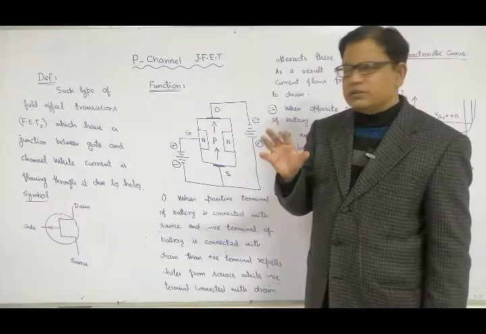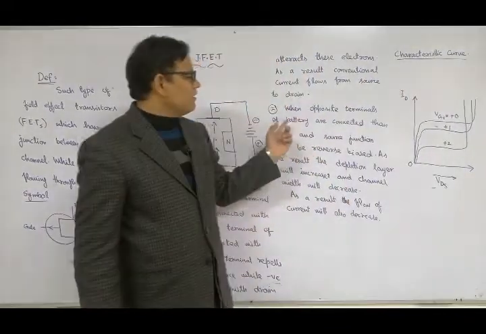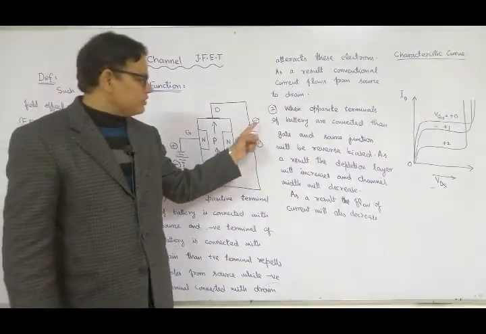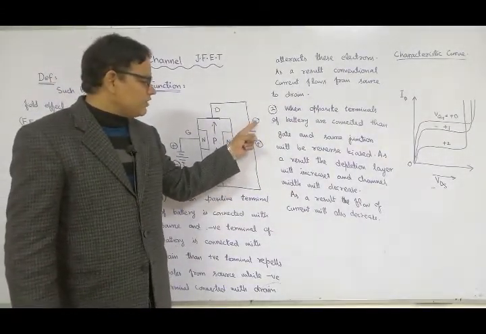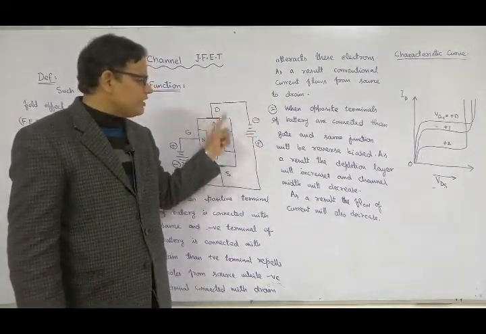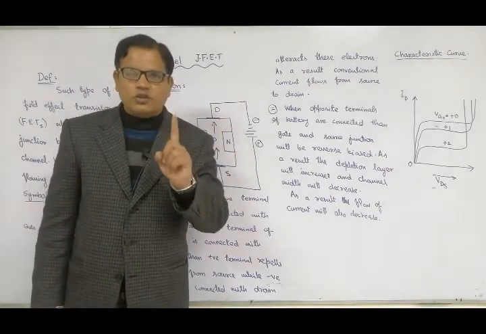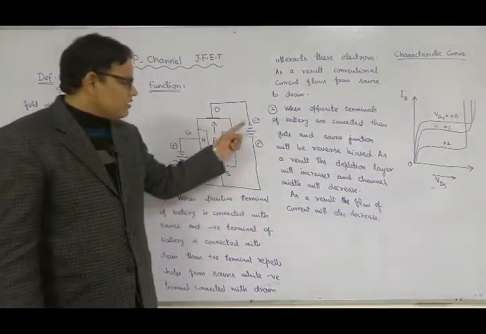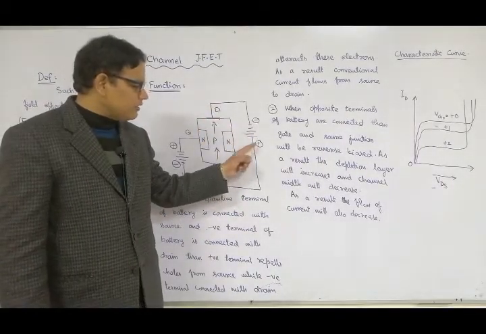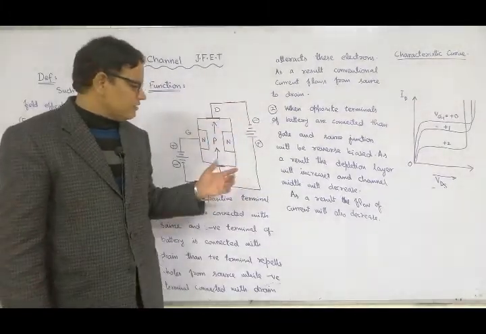If we take another view, when we connect the opposite polarities, that is, if the positive terminal is connected with the drain and the negative terminal is connected with the source, this means the opposite connection of the battery.